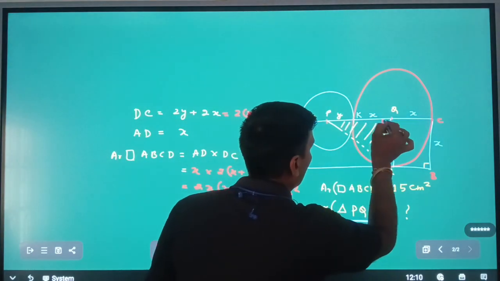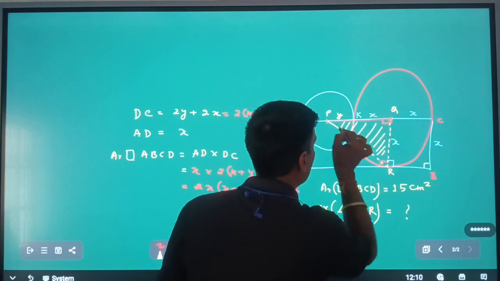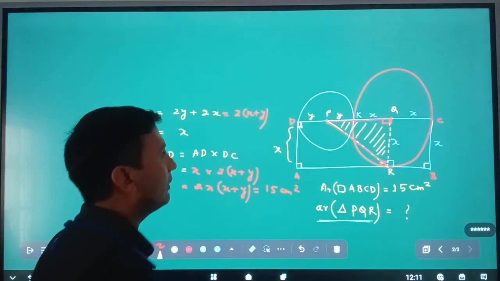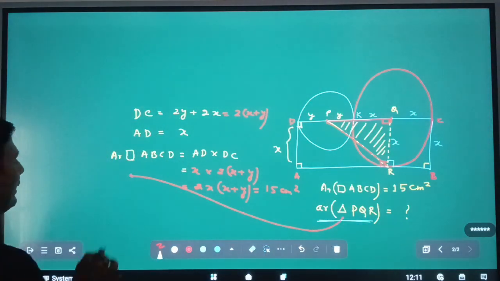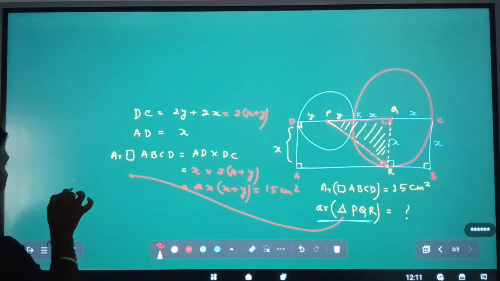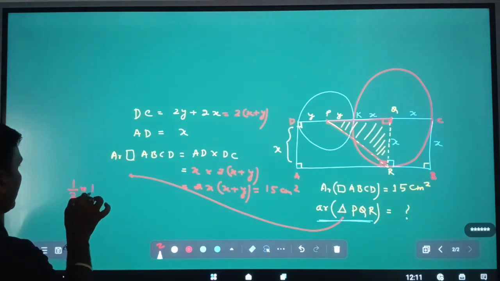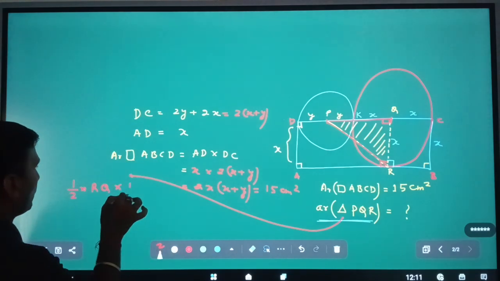So this triangle is going to be a right angle triangle, and the area of the right angle triangle PQR can be written as 1 by 2 of RQ into PQ.